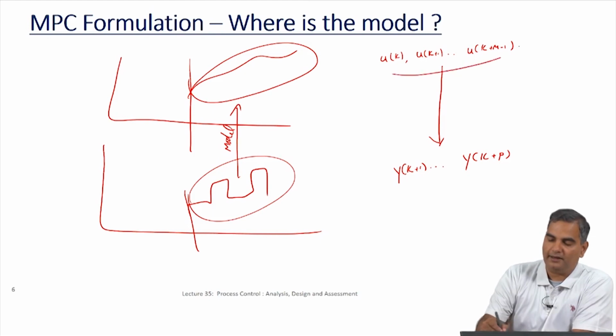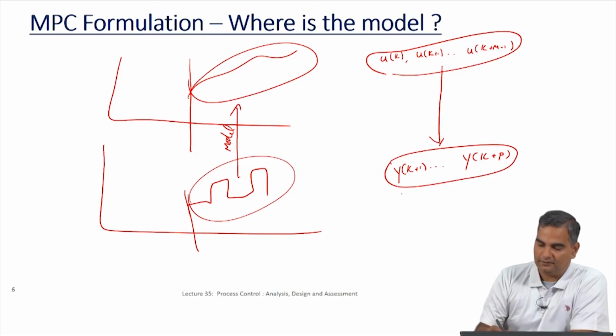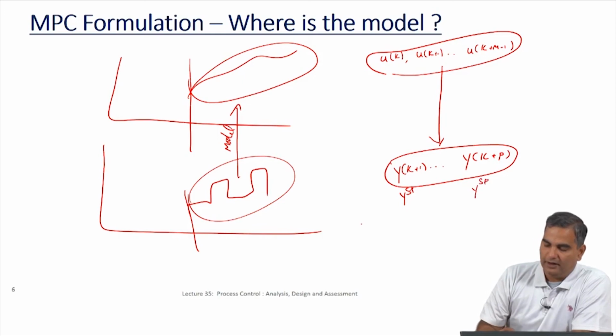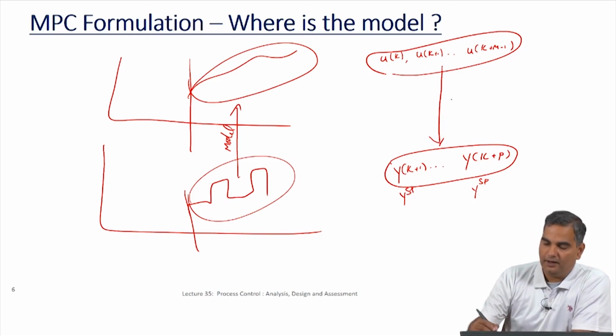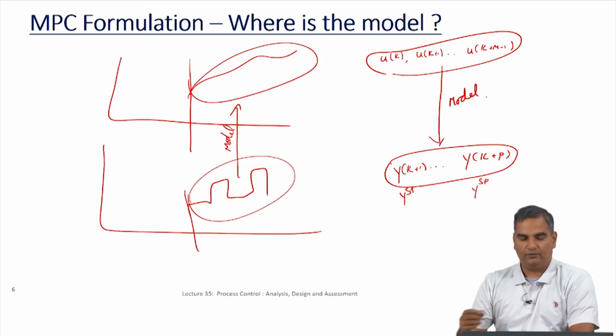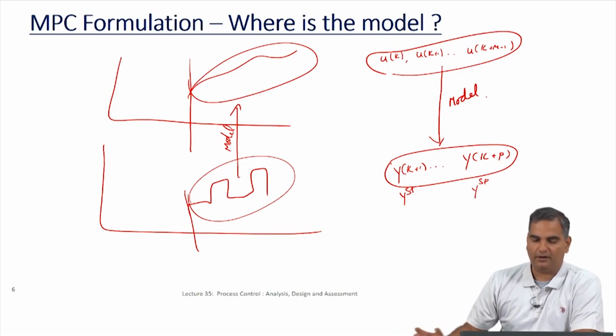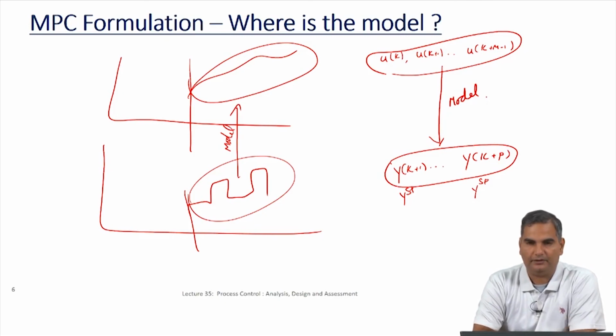So, the move plan that I have, when I actually implement this move plan, what will be the output, right. Now, this output I am going to check how close it is to the set point, and I am going to make changes to this so that these outputs are as close to the set point as possible, and this is where a model comes into the picture. So, we will explain how the model comes into this to complete the whole MPC formulation in the next lecture. Thank you.